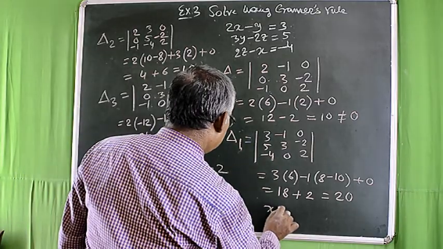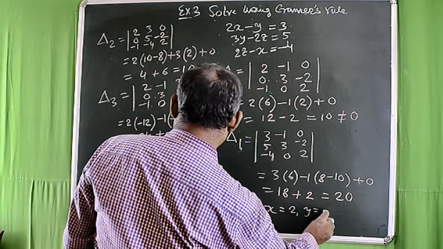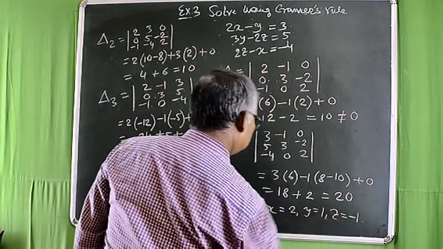Therefore x equal to 2, y equal to 1, z equal to minus 1.